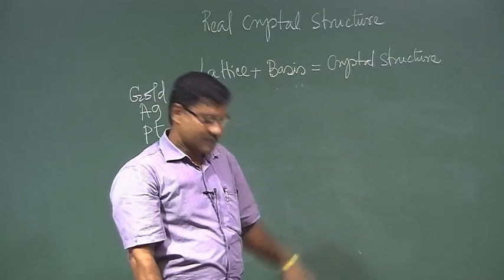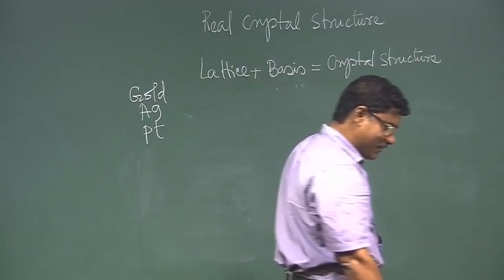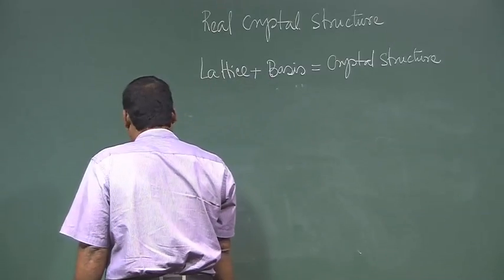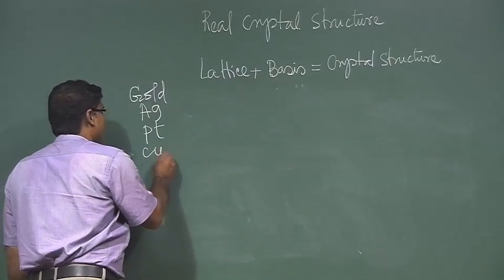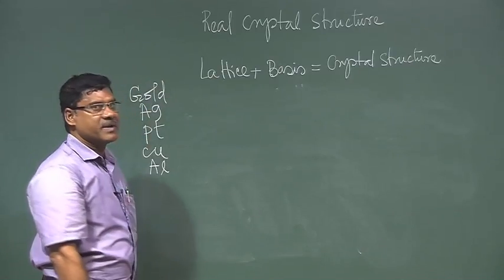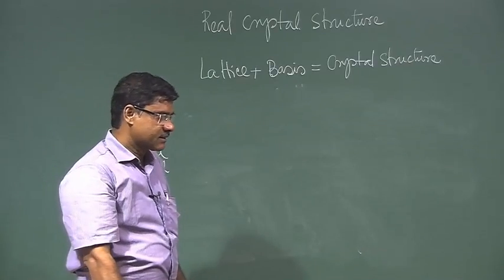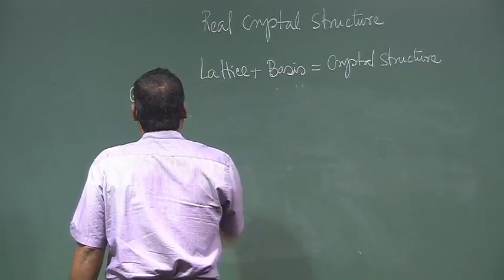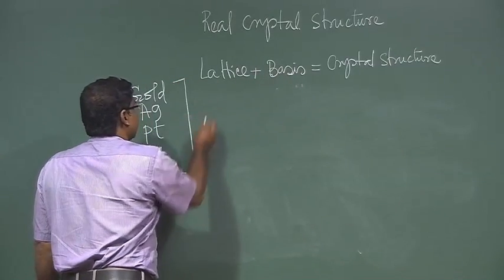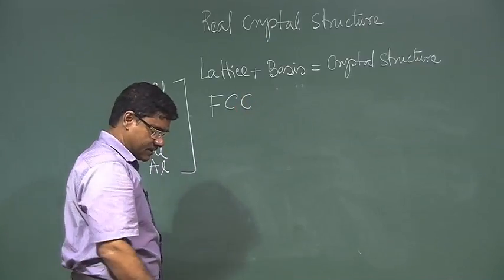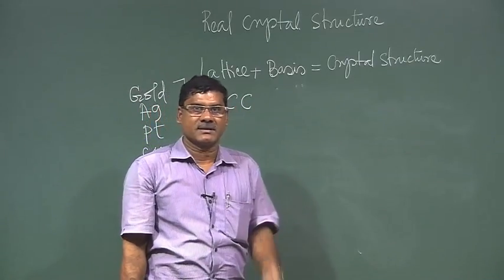So, this, generally people use for ornament, and other materials say copper, aluminum, etc. So, these are basically metals, and all of them are having FCC structure, FCC lattice, Bravais lattice is FCC.